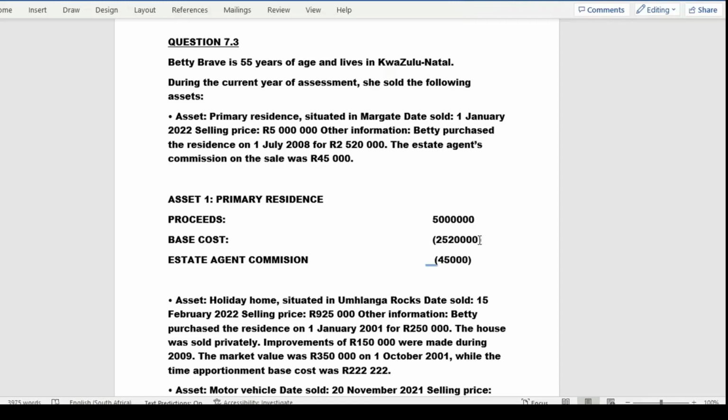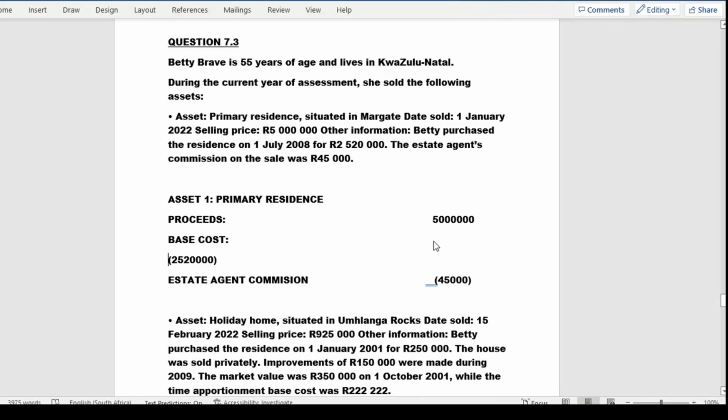How much is your total base cost? 252,000 plus 45,000, how much does it give you? Two five two triple zero plus 45,000.